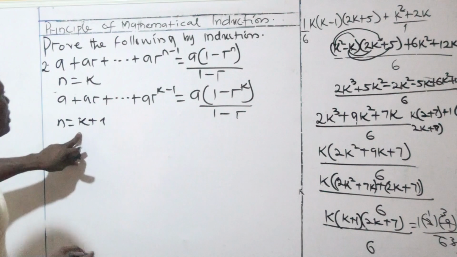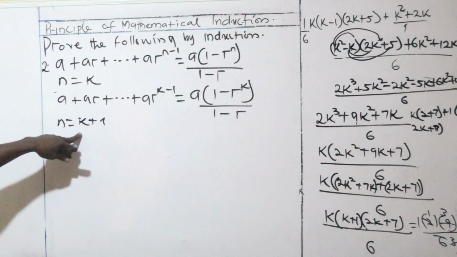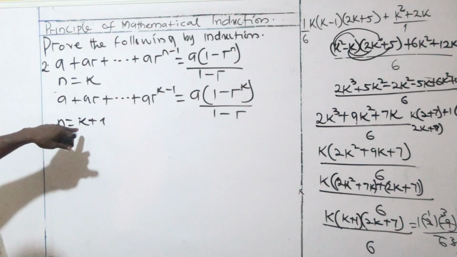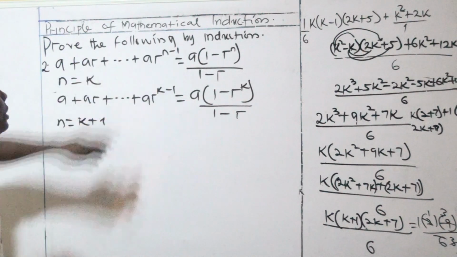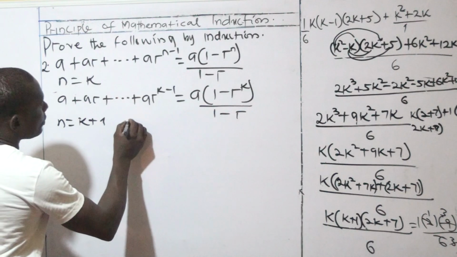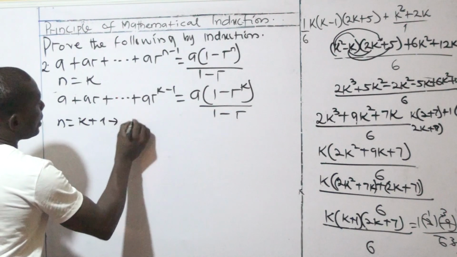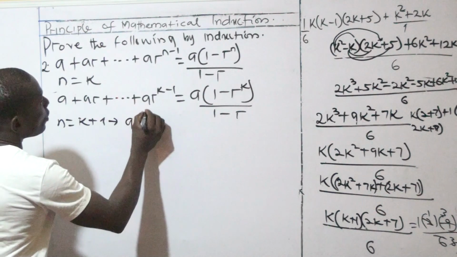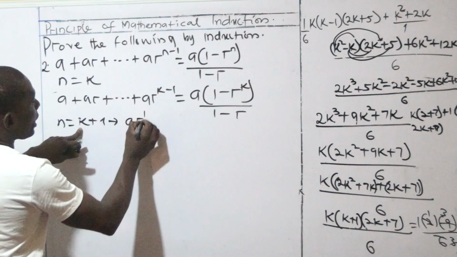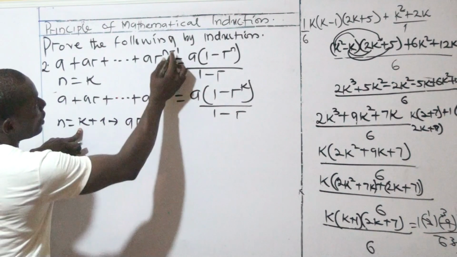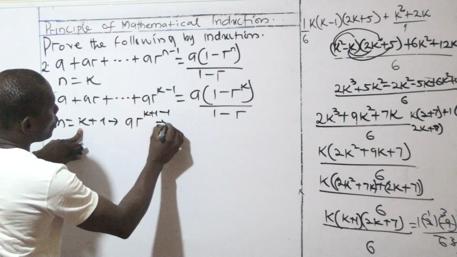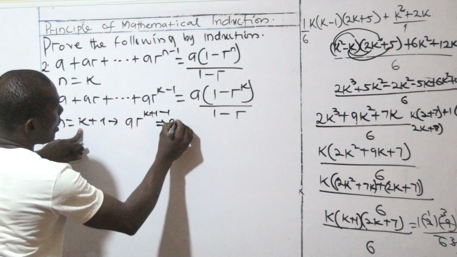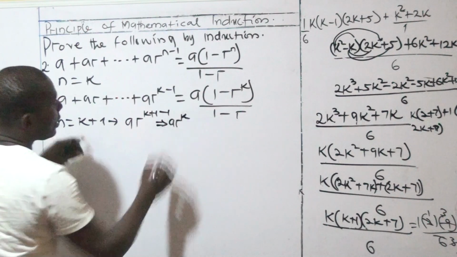So whenever we see n, we put k plus 1 there. So we come here. This becomes a r raised to power, this one will now be k plus 1, minus 1. Everything here will now be reduced to a r raised to power k.